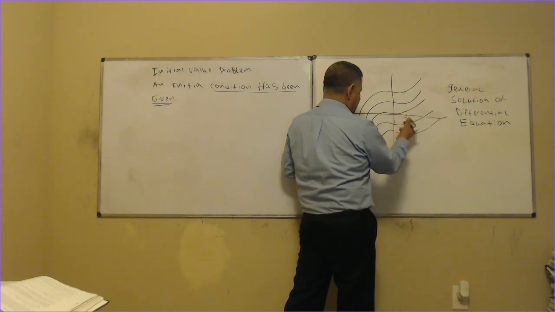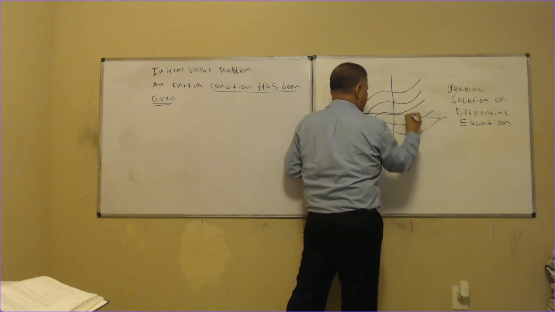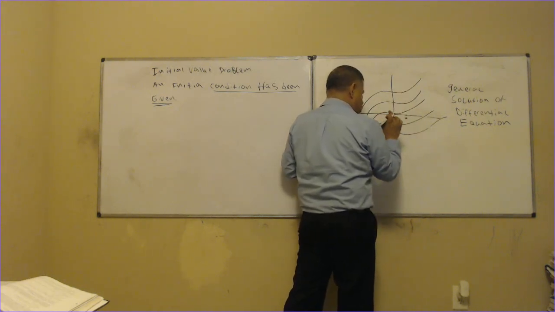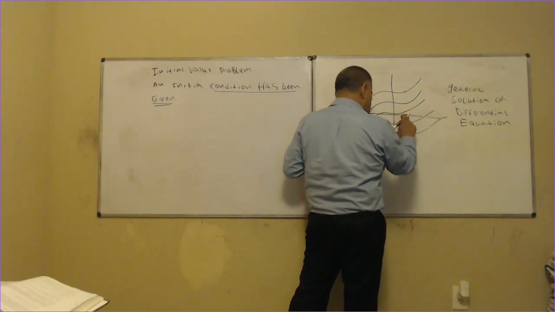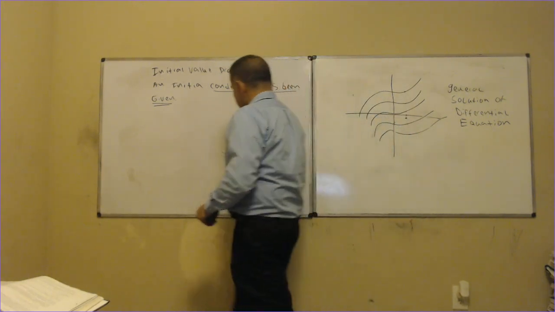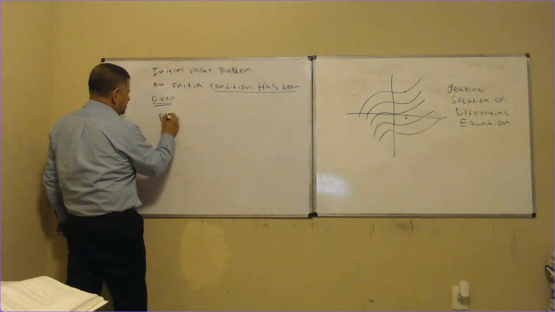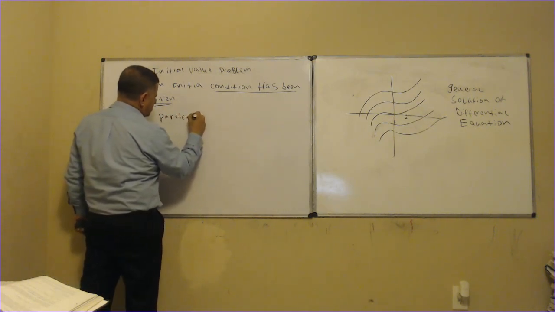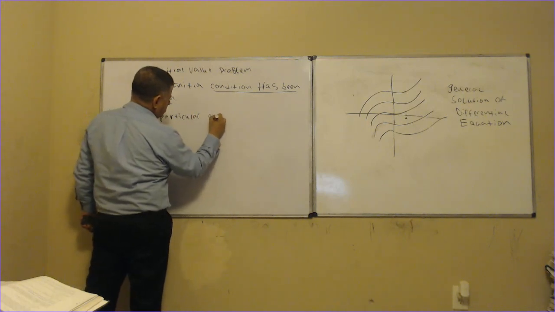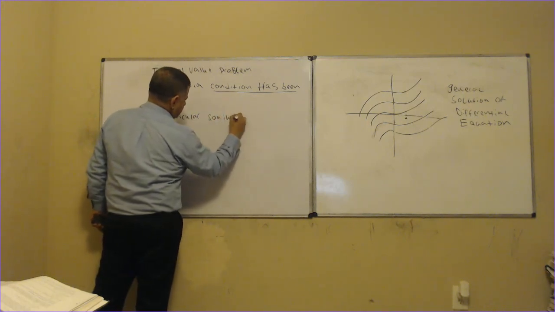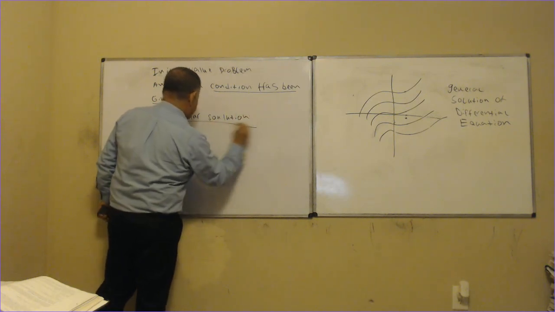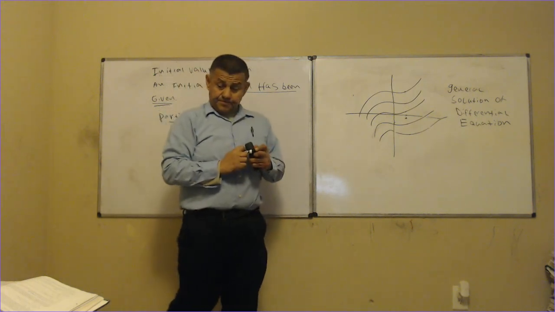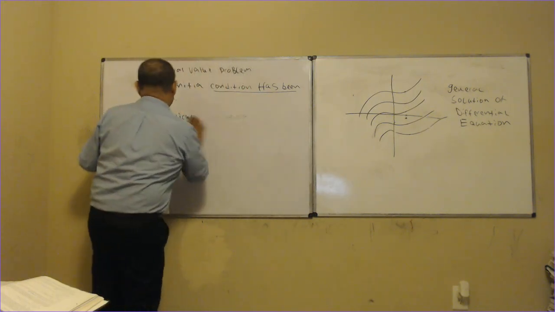But they all have a solution at that point. Now, a solution at a specific point is called a particular solution. This is what I'm going to do here in this problem.